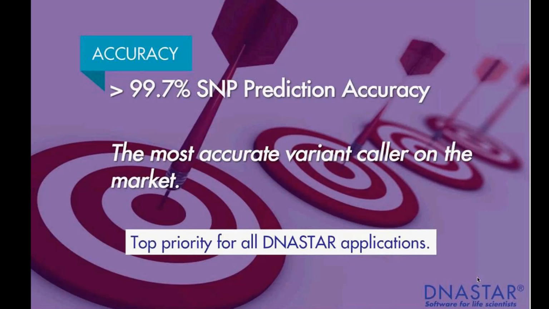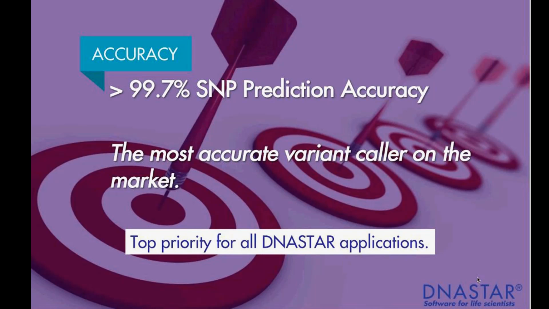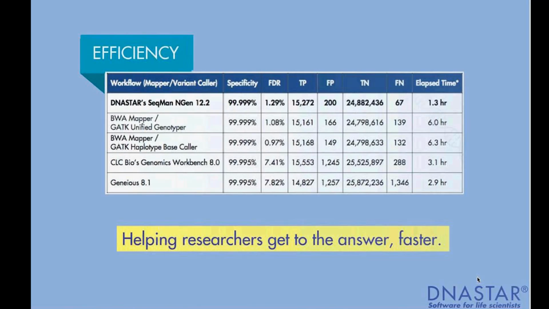A little bit about our software and the focus of our development group. Number one is accuracy. We want to provide the life scientists with the best starting point for their research. So accuracy in the development of our tools is our top priority. The next is efficiency.